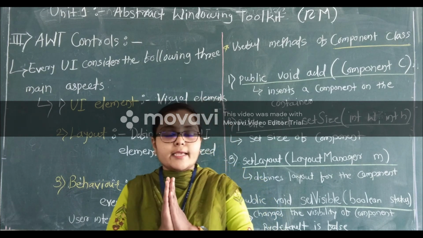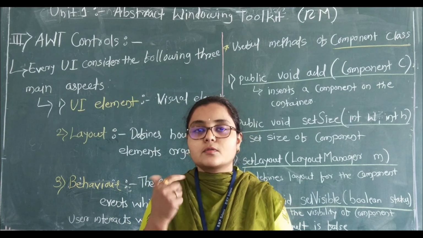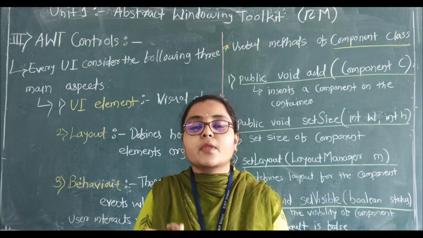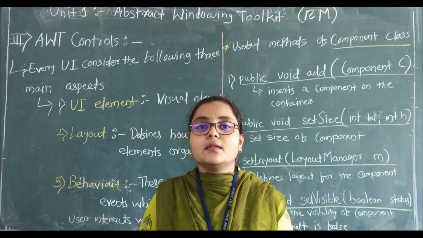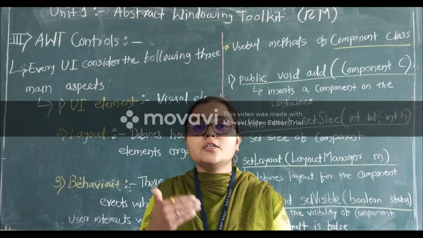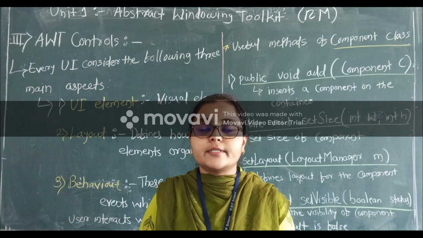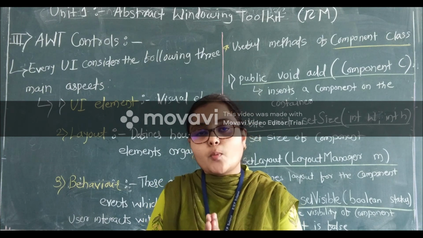Suppose we take an example of a login form. In that login form, we are inserting username, password, and there is one submit button. These are the user elements which we interact with to perform some operation.